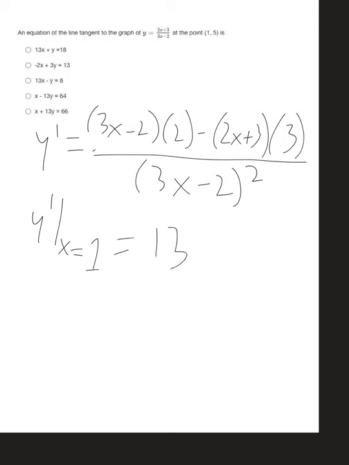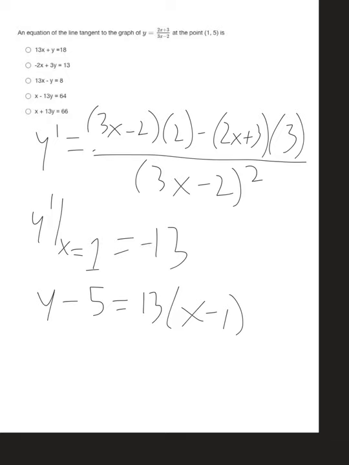And then they're giving us the equation in more or less standard form, which nobody likes standard form. So I'm going to start with point slope form because that's what I'm familiar with, and then I'm just going to turn it into what they want. So y minus 5 is equal to 13 times (x minus 1). Sorry, actually I missed a negative here.